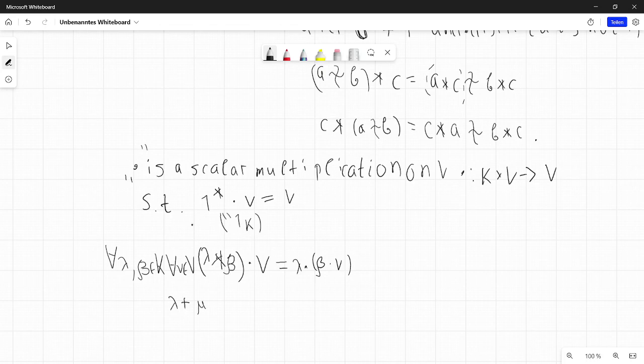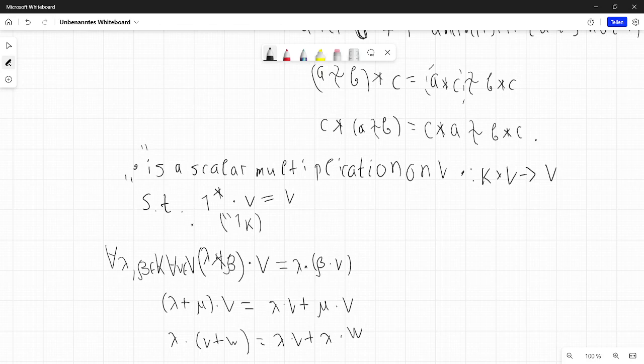Again, here when I write Greek letters like lambda, mu, or whatever, and write v, clearly lambda and mu are just in the field, and our v is in the vector space, and again, of course, it should hold for all elements of K and for all elements of V. Right, and here lambda is of course a scalar, and v plus w are elements in our vector space, and we get... pay attention in particular that the scalar in the multiplication is usually always written on the same side.